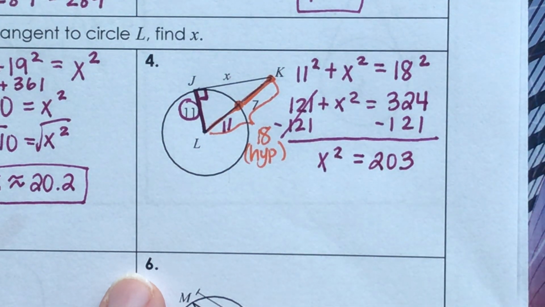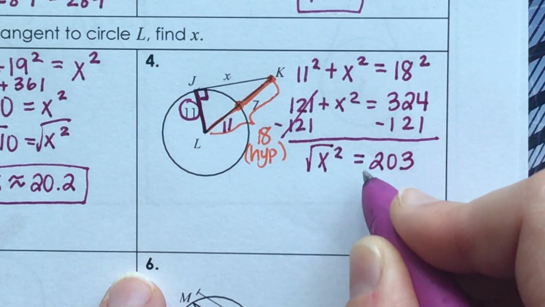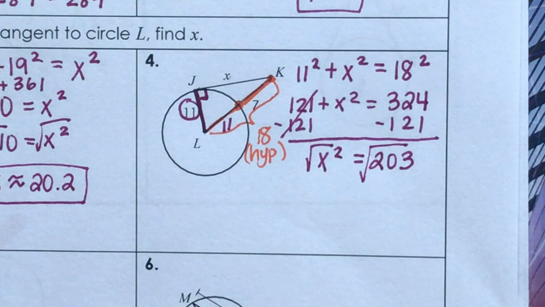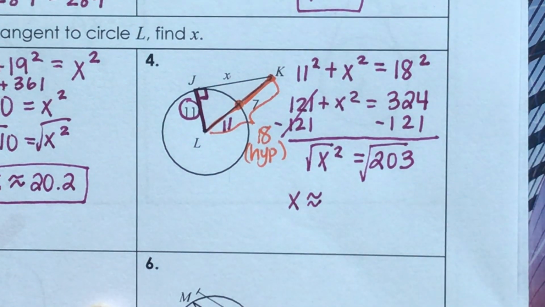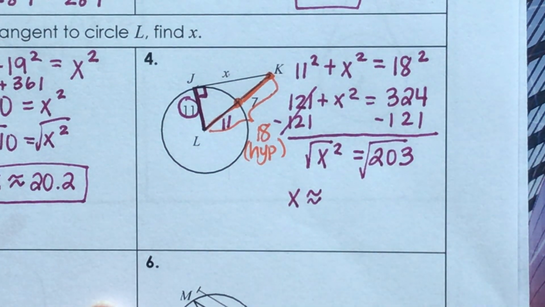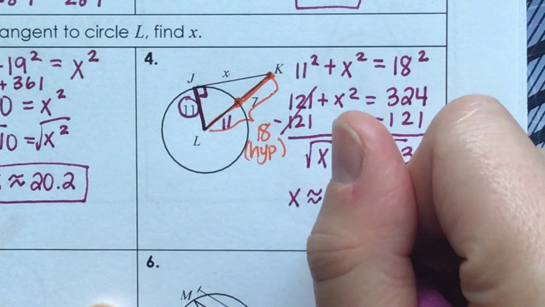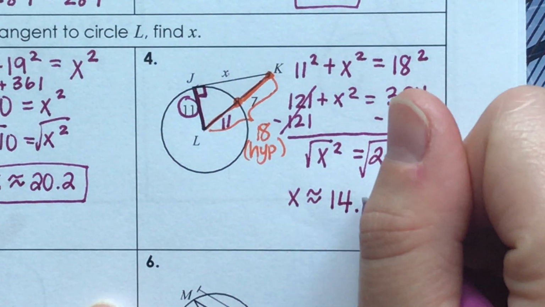And then to get that x by itself, I'm going to square root both sides. So if I take the square root of 203, I get approximately, so I'm rounding, so I don't put the equal sign, I'm saying it's about 14.2.